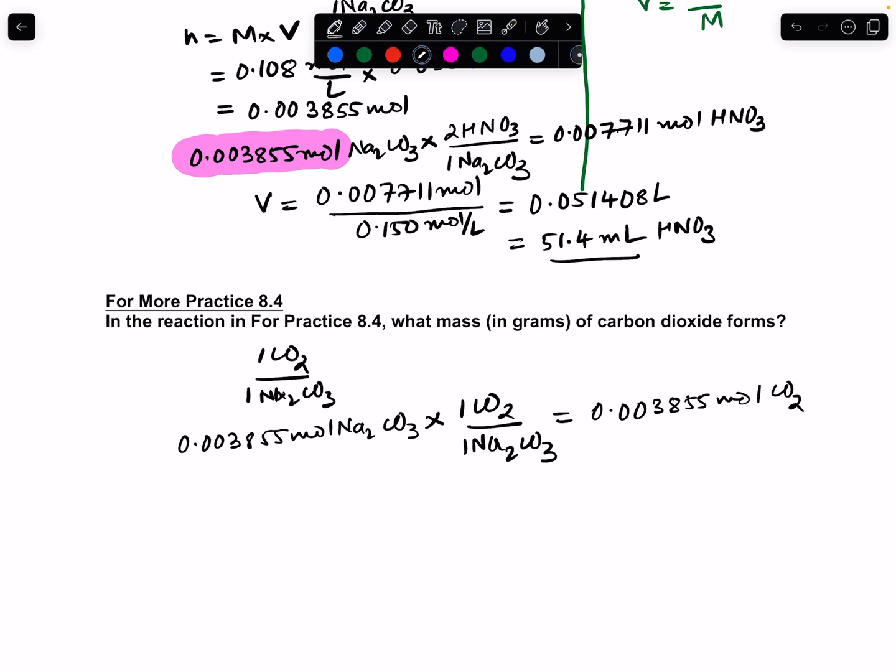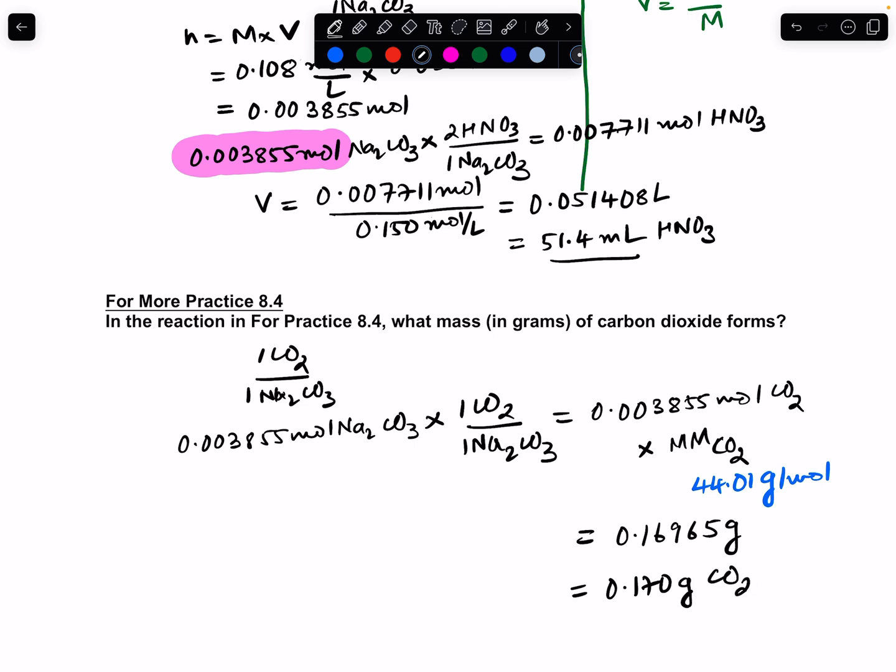To convert moles to grams, we're just going to take the moles and multiply this with the molar mass of carbon dioxide. Molar mass of carbon dioxide happens to be 44.01 grams per mole. On multiplying it out, we get 0.16965 grams. Now let's correct for significant figures. So we get 0.170 grams carbon dioxide.